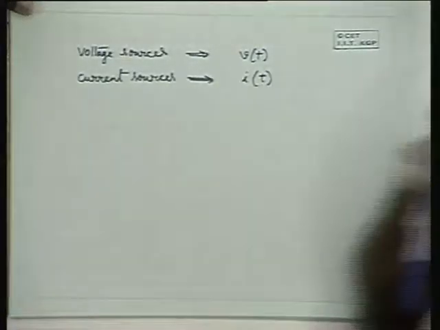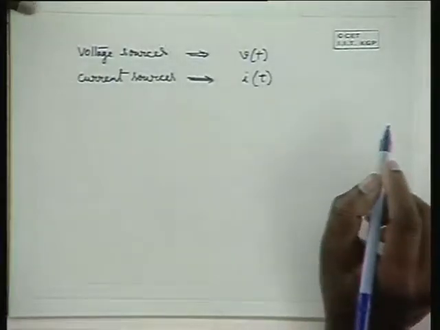Please note that if you have a voltage source and connect a resistance to it, you will find that the current flowing will be the source voltage Vt divided by resistance R. Therefore, a voltage signal can be converted to a current signal. There is no doubt about it. Similarly, a current signal can be converted to a voltage signal by passing the current through a resistance.